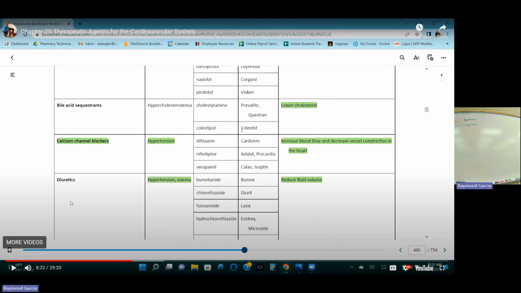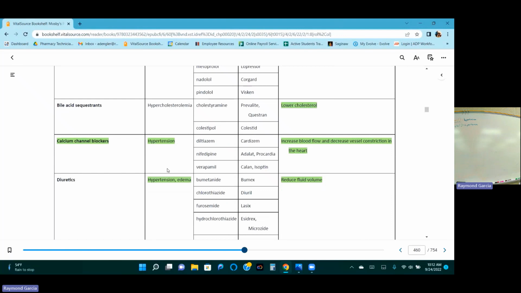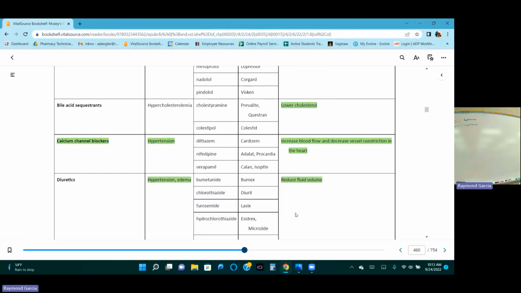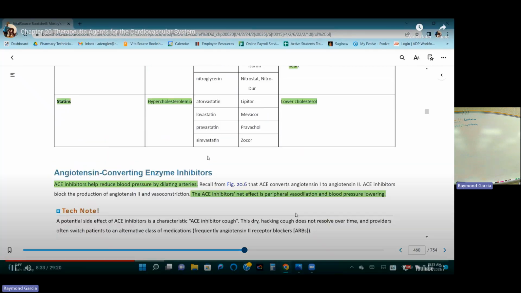There's no suffix or prefix or infix for those. You just have to remember those calcium channel blockers. So diuretics are for hypertension, but they also reduce fluid volume.